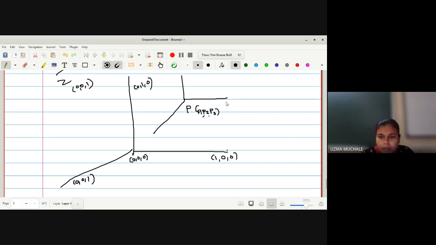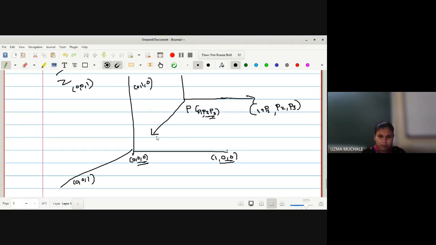Now if I want to find one vector in this direction, we have shifted the origin to point P. If you observe, 1 0 0 has come in place of 0 0 0, so the two zeros are carried as they are. So P2 and P3 I have to carry as it is in this direction. What is the change? Here there is 1 and here there is P1, so I have to add them: 1 plus P1, correct.